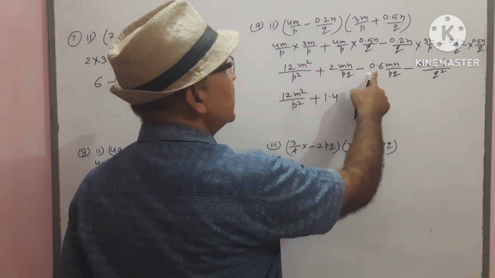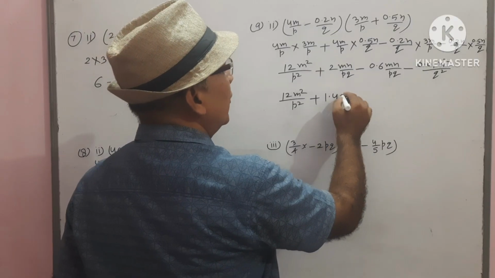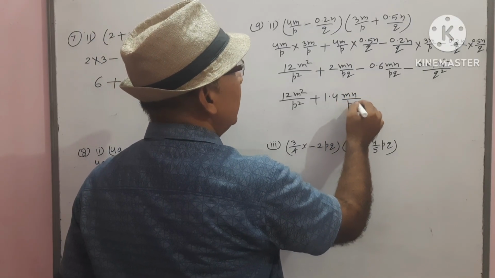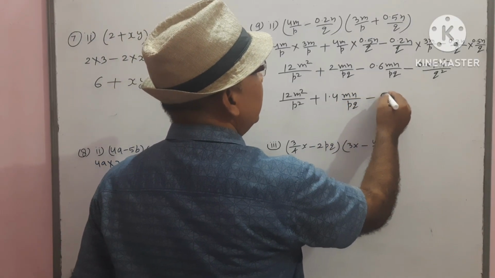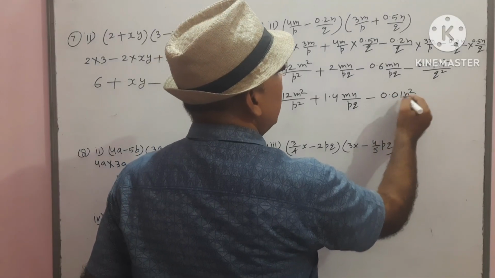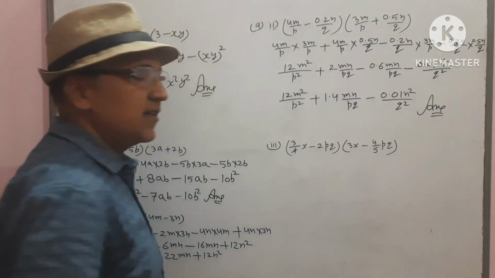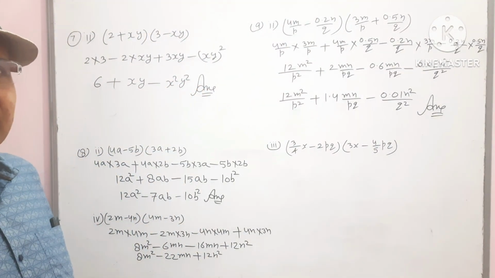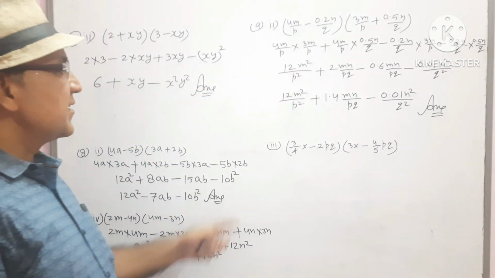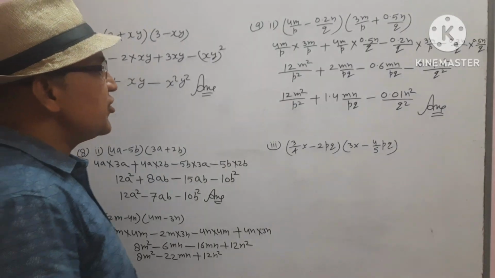So 2 minus 0.6 is 1.4mn upon pq, and then 0.1n square upon q square, and this will be your answer. Any problem in understanding?